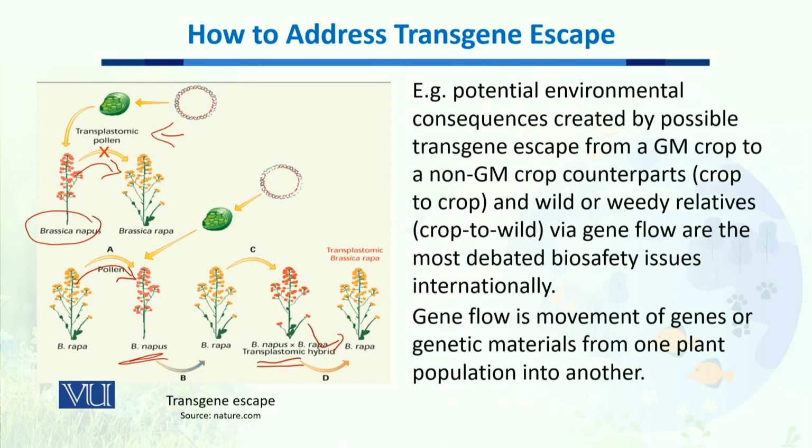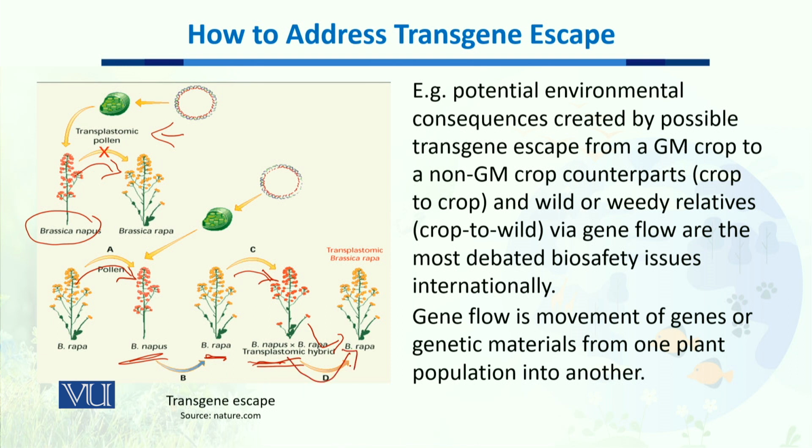The resultant species will be a hybrid. Again, if wild Brassica rapa pollen is transferred into this hybrid, then it has the ability to produce pollen that can be transferred to Brassica rapa.